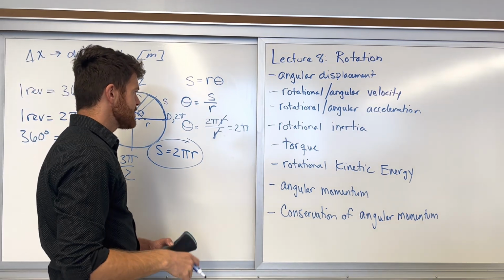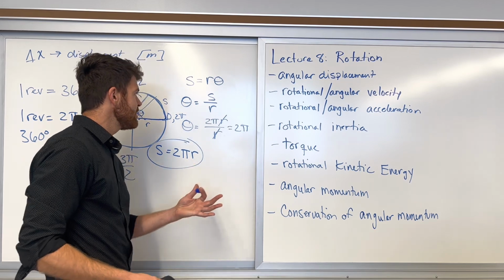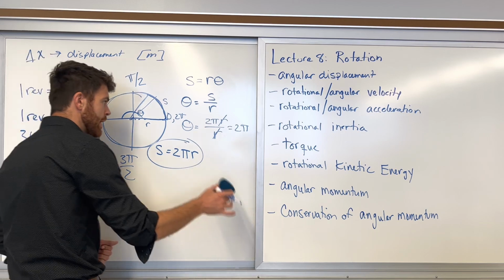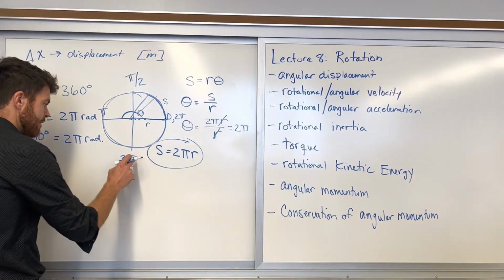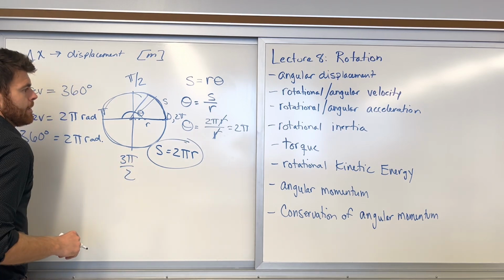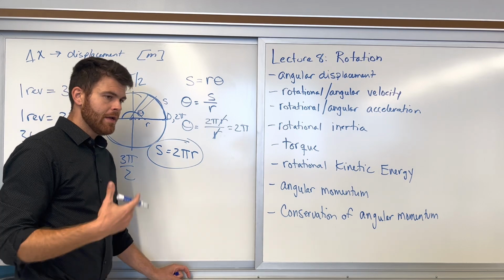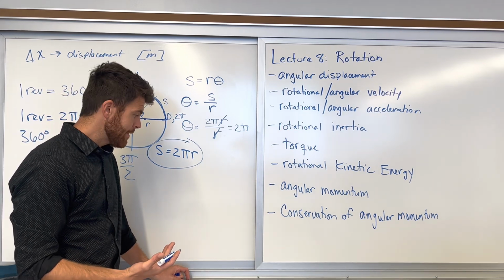Now, you're asking yourself, all right, well, what is this pi? Maybe you've heard of pi before, maybe you haven't. Well, just a quick explanation of this concept of pi. People discovered pi a long time ago.